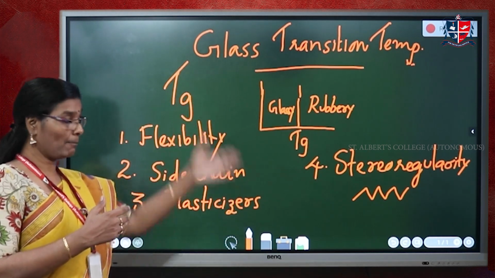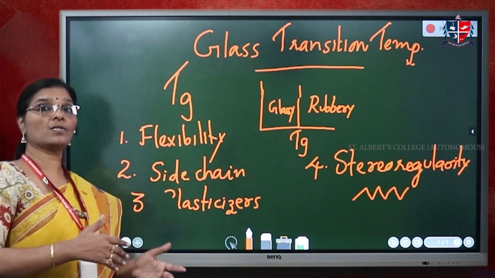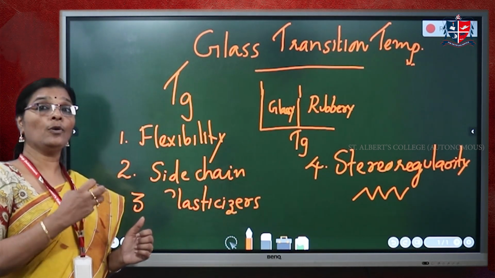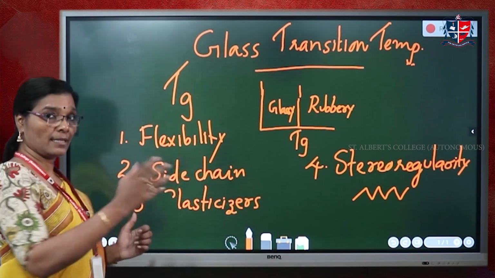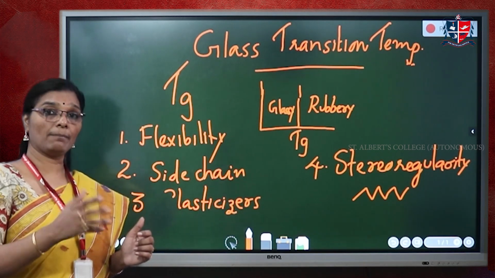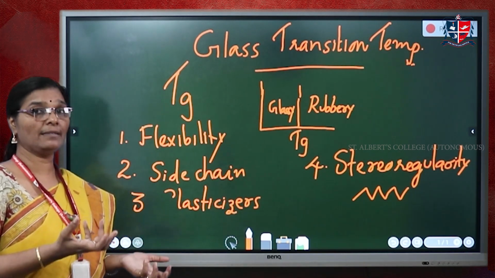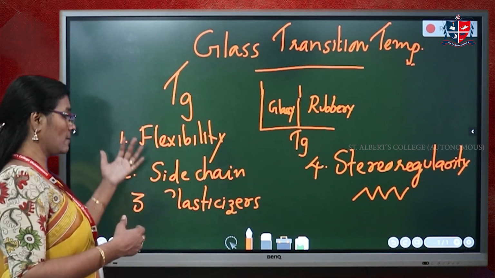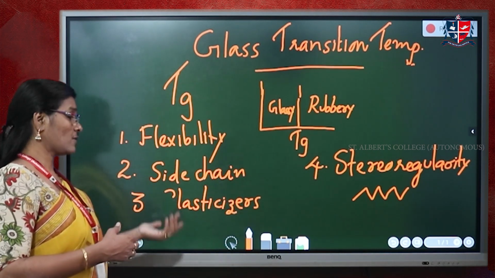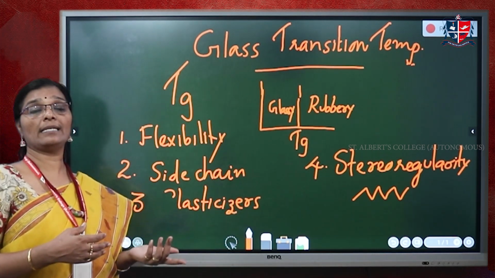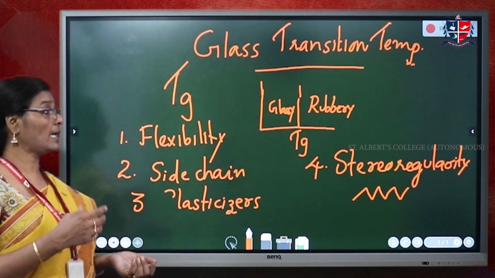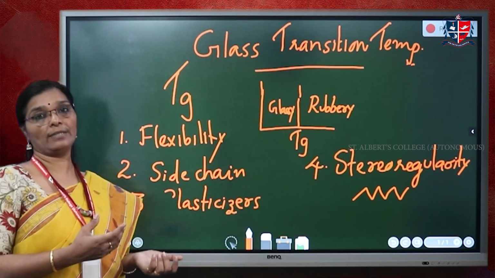It is a temperature below which a polymer exists in a glassy state, in which polymers have a low degree of freedom, and above which it exists in a rubbery state, which is flexible in nature, with some freedom of movement. Flexibility, side chain, plasticizers, stereo regularity: these are the important parameters which affect the value of Tg.